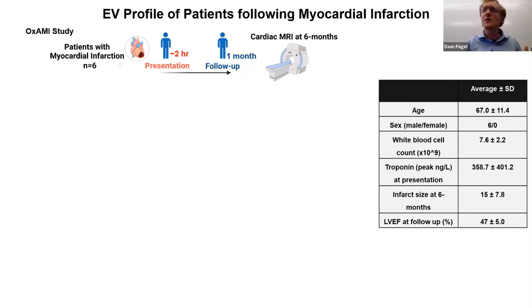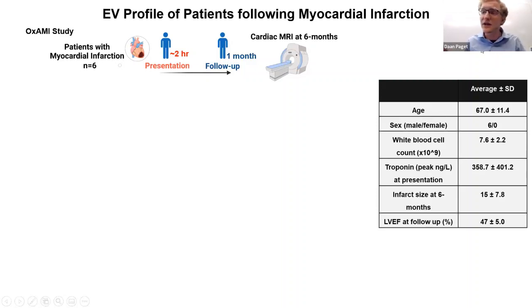OXFAMI is a study looking at patients following a myocardial infarction, where we get blood from patients within 2 hours following the infarct, so in this very acute phase, and then we follow these highly characterized patients throughout. We have blood points at 2 hours and then at 1 month, and then cardiac MRI imaging of the same patient at 6 months. As you can see here, the patients were about 67 years old.